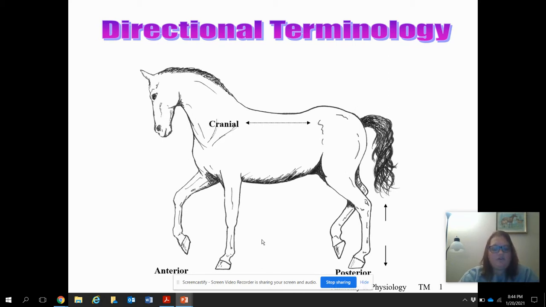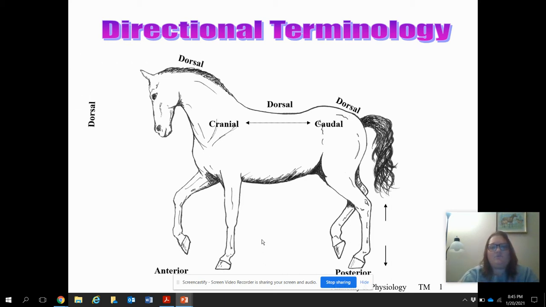Another set of terms that also mean towards the head and towards the tail are cranial and caudal. Cranial means towards the head, the cranium, and caudal means towards the tail. As we get into medical terminology, cauda means tail, so you'll understand that caudal means tail. So we have anterior and posterior and cranial and caudal.